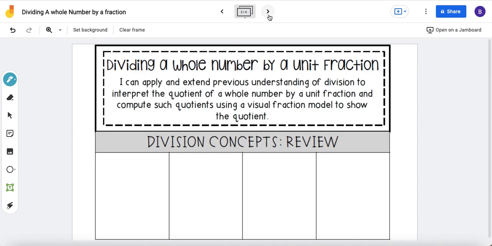So we are going to start with some review of division concepts. For starting, division is the opposite of multiplication.